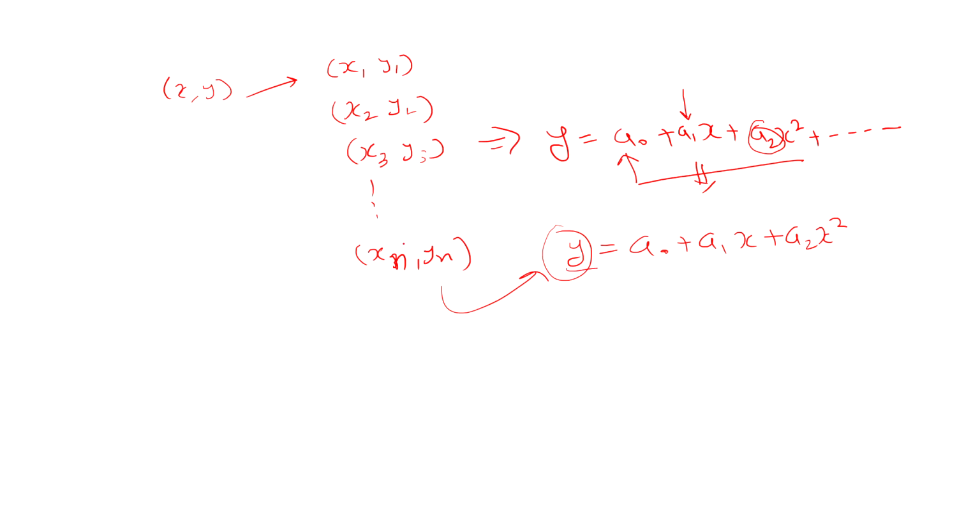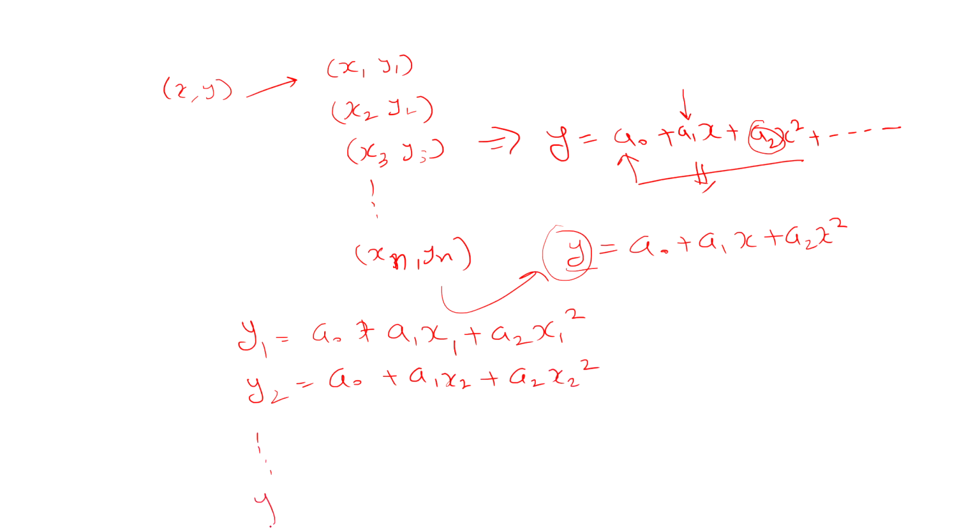So in that case, each of these points should satisfy this function. So I have y1 is equal to a0 plus a1 x1 plus a2 x1 square, y2 is equal to a0 plus a1 x2 plus a2 x2 square, yn is equal to a0 plus a1 xn plus a2 xn square.